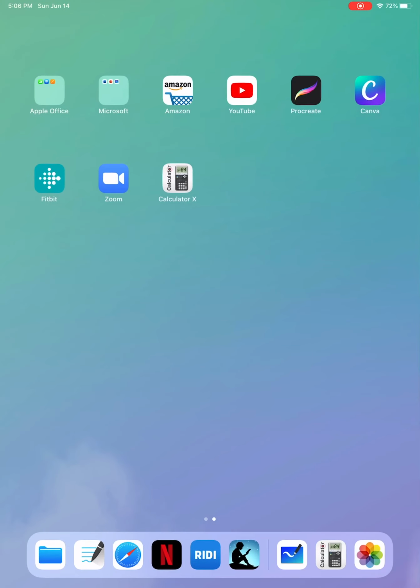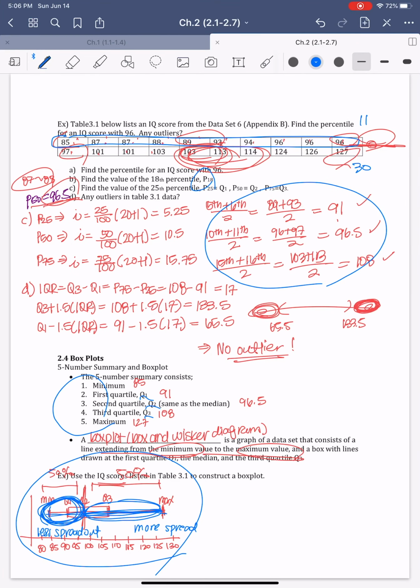Now lastly, I'm just gonna write down the steps for you in case you didn't catch that when you go through the video. So how do you construct a box plot using a calculator? Using TI-83/84 for box plot. Step 1, enter data: stat, edit, L1.